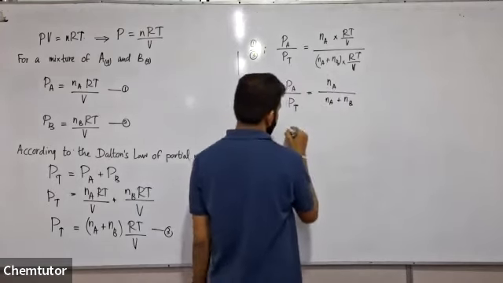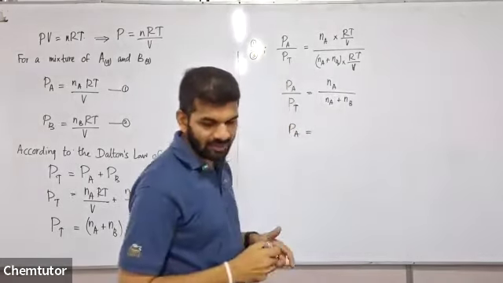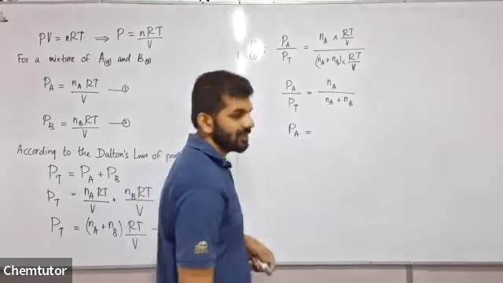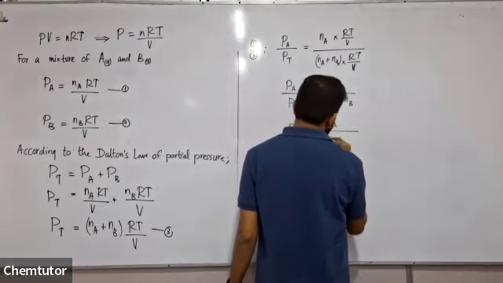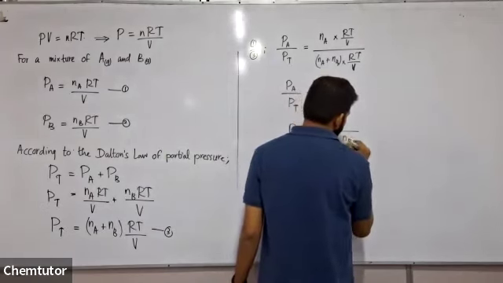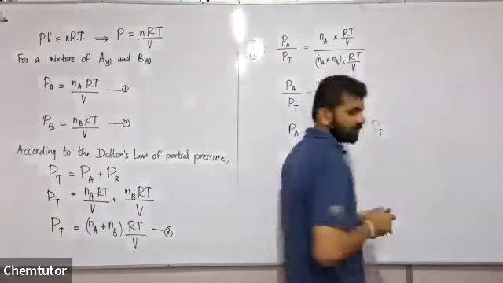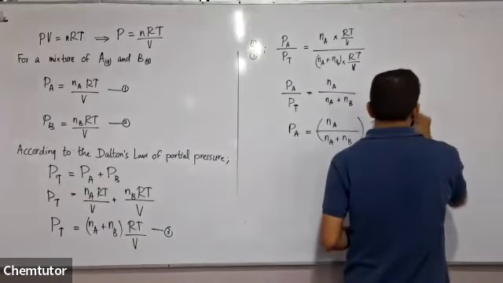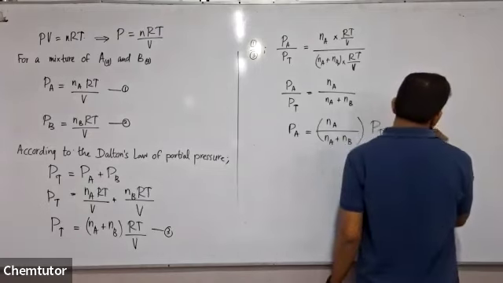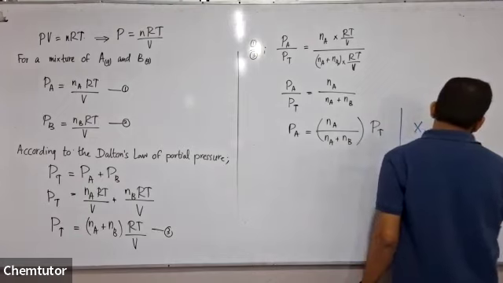Then we can rearrange this one. PA equals Na divided by Na plus Nb into P total. Now this is called XA, the mole fraction of A, that is Na divided by the total number of moles.